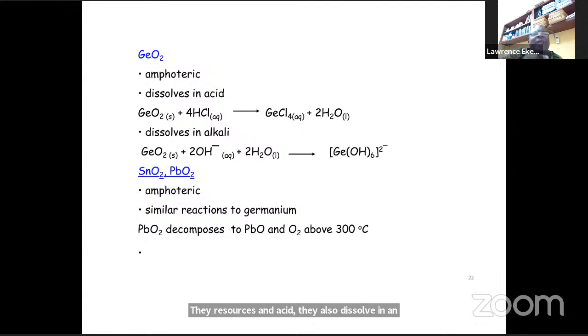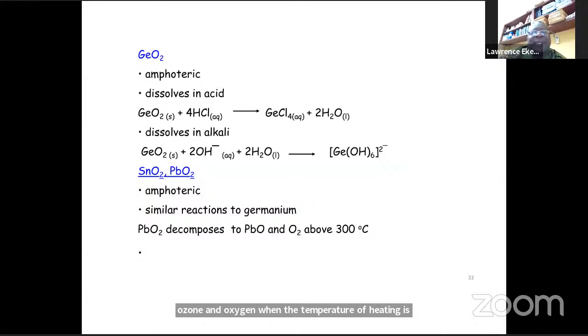However, the peculiar property of lead dioxide is that it has the ability to decompose upon heating above 300 degrees Celsius. It decomposes to lead oxide and oxygen when the temperature of heating is above 300 degrees centigrade.